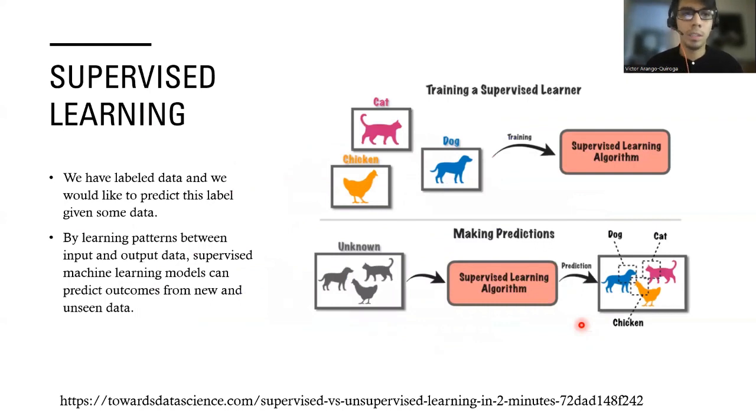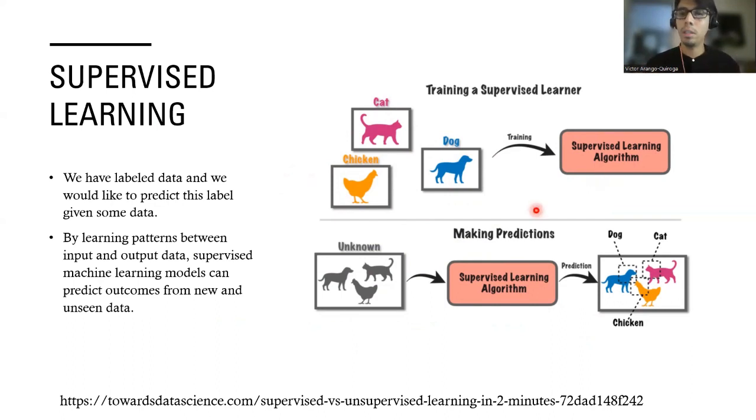So for supervised learning, the main point is that we have labeled data. What labeled data means is, let's say we have images, and these images are of dogs, this other set of images are of cats, and this other set of images are of chickens. Then you can train a machine learning model through supervised learning.